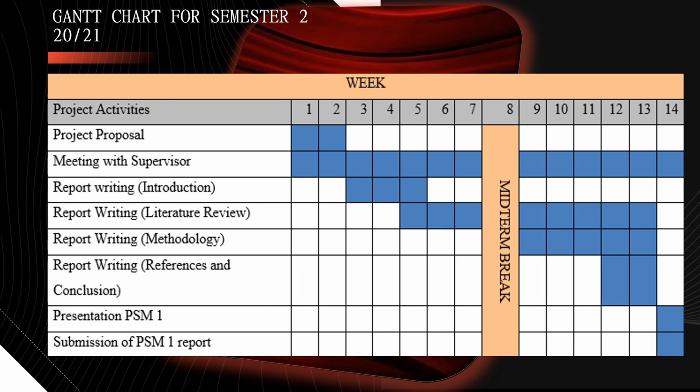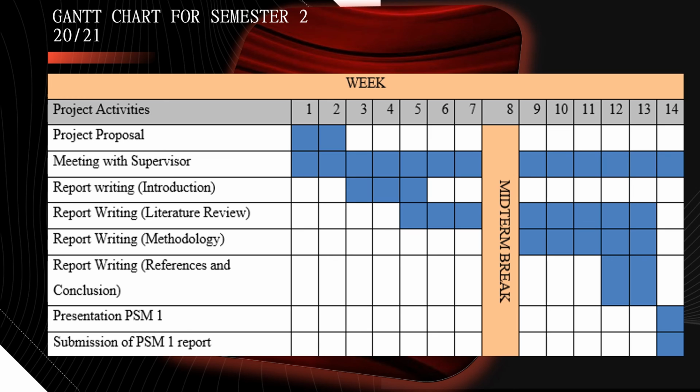This is the Gantt chart for semester 2 20/21. The total number of weeks is 14, and the project proposal is in weeks 1 and 2. Meeting with the supervisor is throughout the project, and the report writing for the introduction is 3 weeks, from week 3 to week 5.